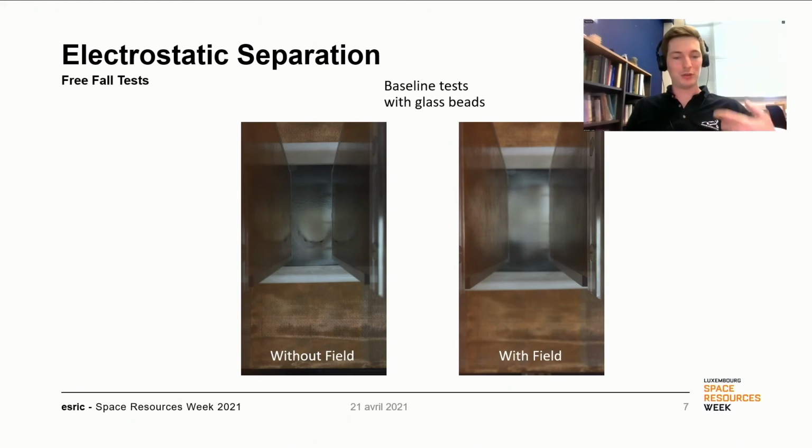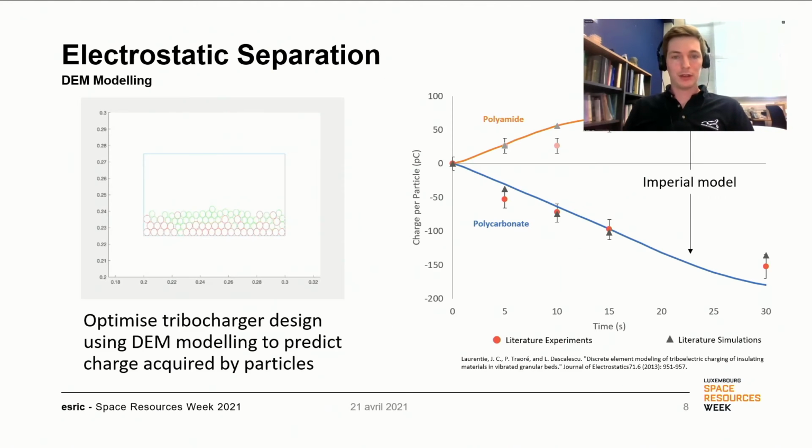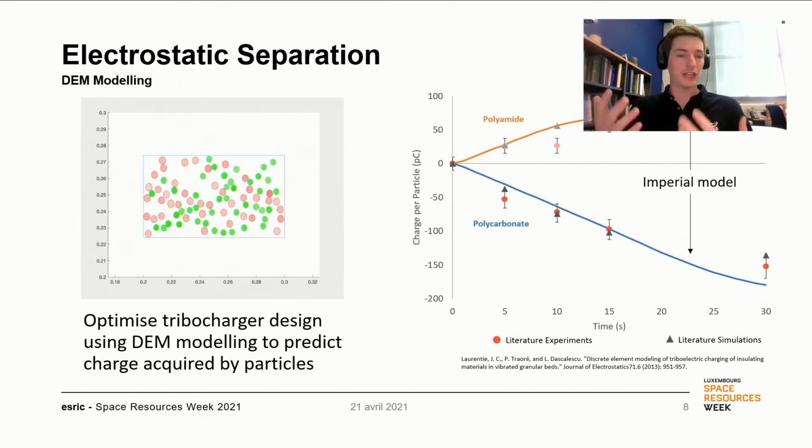So what we want to do is better understand the tribocharging mechanism so that we can tailor this to isolate minerals of choice and better predict how they would behave in the electric field. To that end, we've been using DEM modeling to look at the charge transfer mechanism when you shake granular materials.